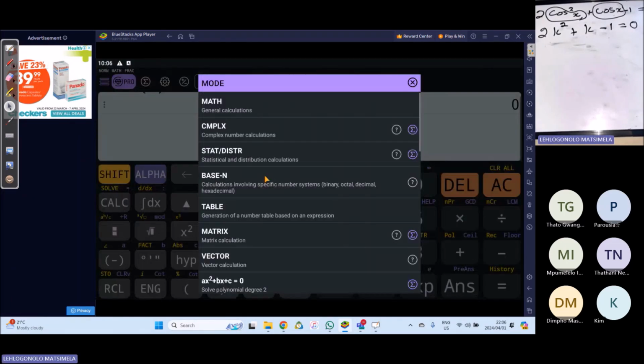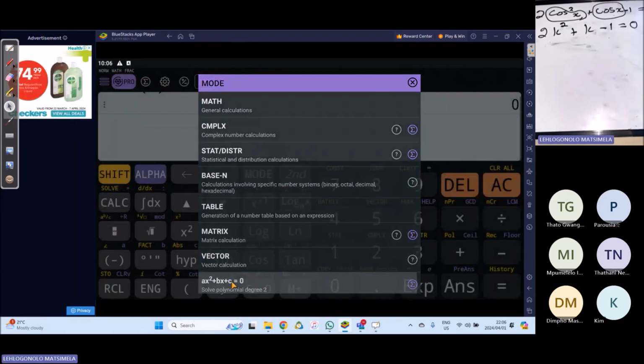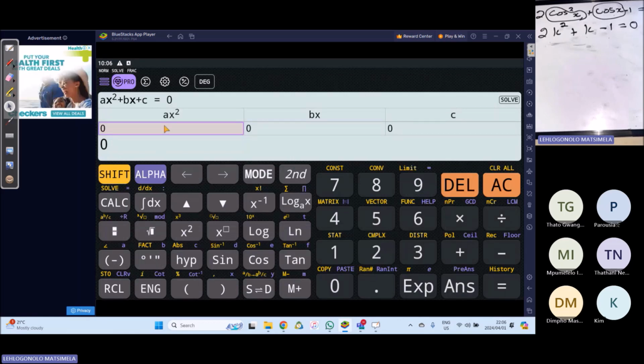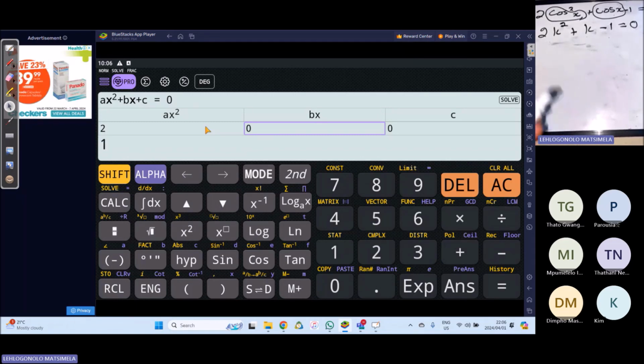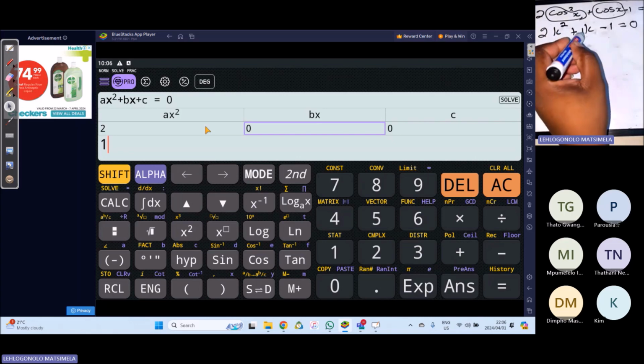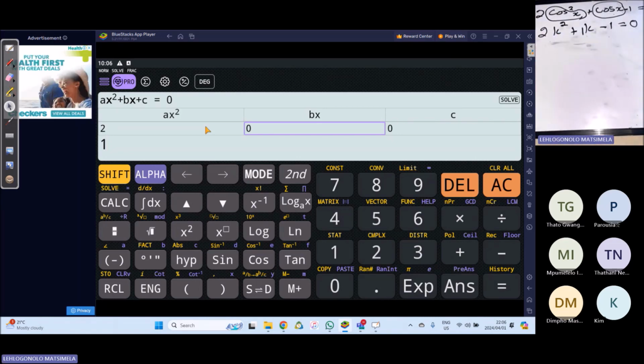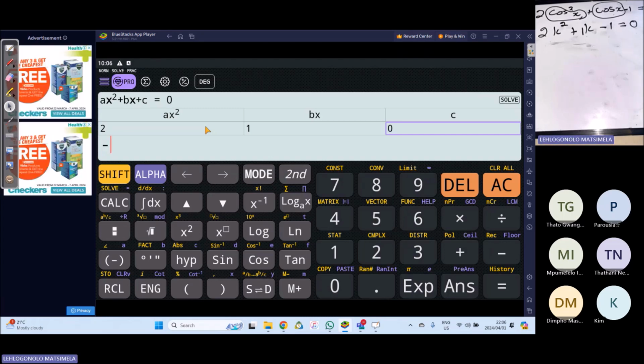So mine, I'll just press mode, and then I will look for this one. The value of A here is 2, and the value of B here is 1. B is this side, you can see on the camera. The value of C is minus 1.